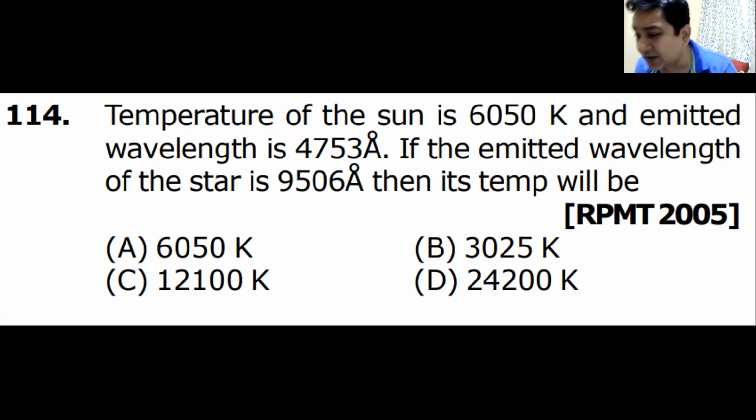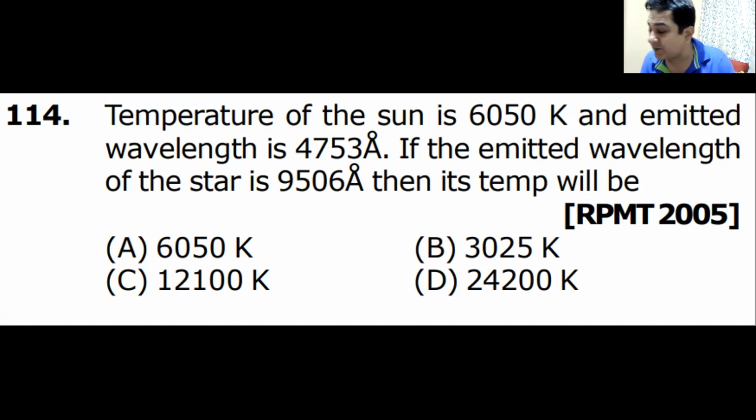Now look at the values given in the question. Look at the options. Open your eyes and look at the options before solving the question. Temperature is 6000 Kelvin. The wavelength is 4000-something. Now the wavelength has increased.